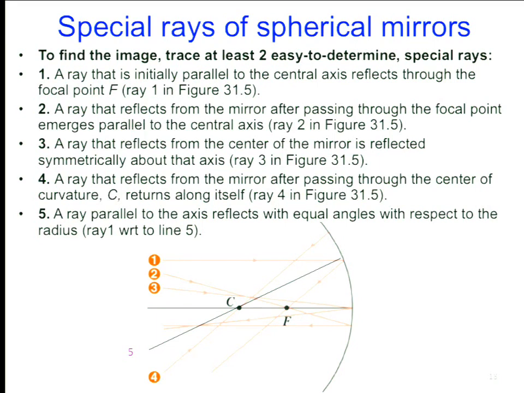Then if you send in a light parallel but not through the center, that light will refract toward, and when it comes here, it'll refract away, and it will bend, and it'll pass through the focal point at the focal length. So a parallel beam goes through the focal point, and that's enough to determine where the focal point is.